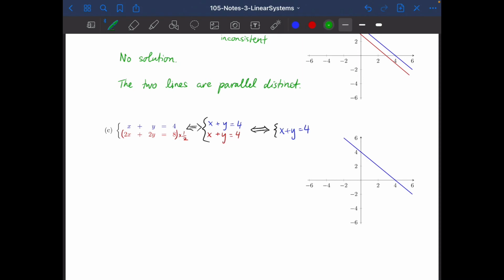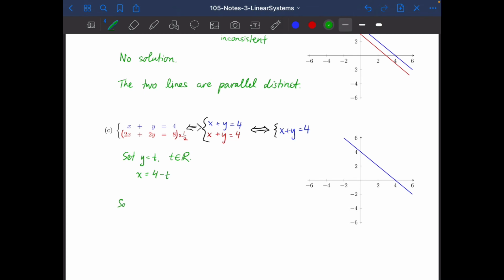We cannot eliminate any of the variables, x or y. What we'll need to do is set one of the variables equal to a parameter. We'll set y to be equal to t, where t is any real number. And then we'll solve for x in terms of t. So we know that x plus y is equal to 4, so x must be equal to 4 minus y, or 4 minus t, since we've just set y to be equal to t.